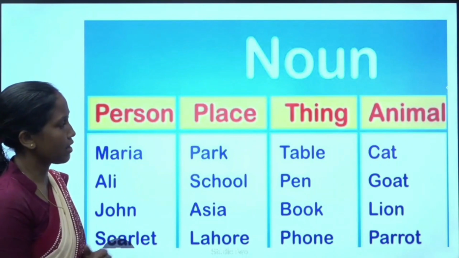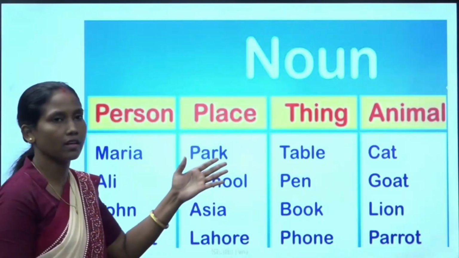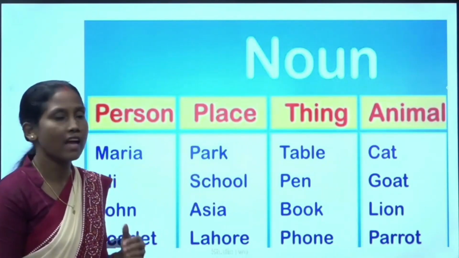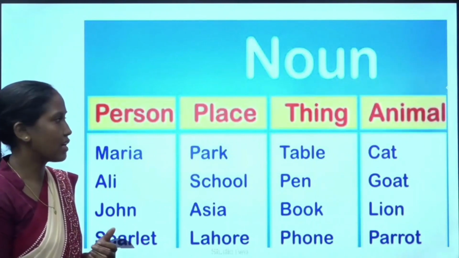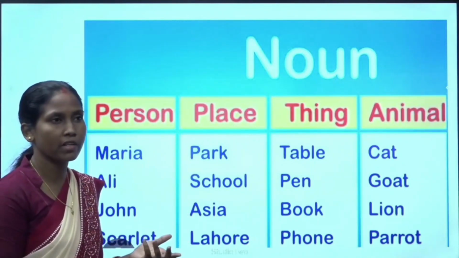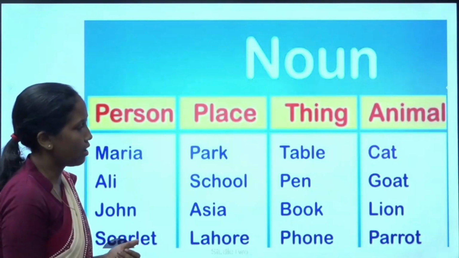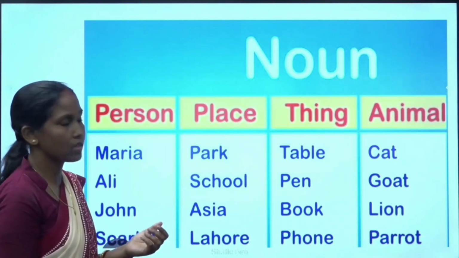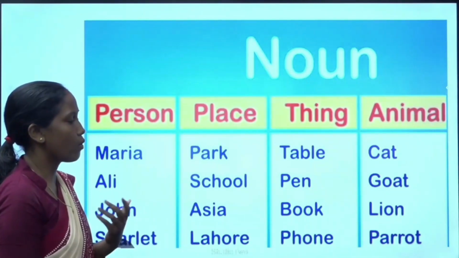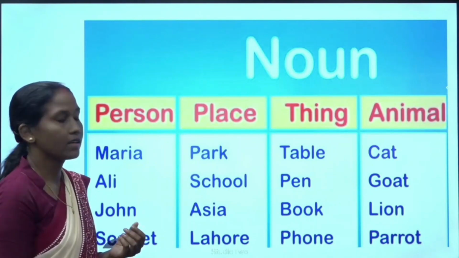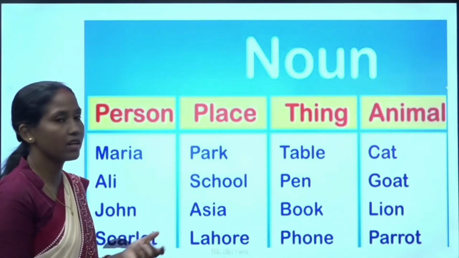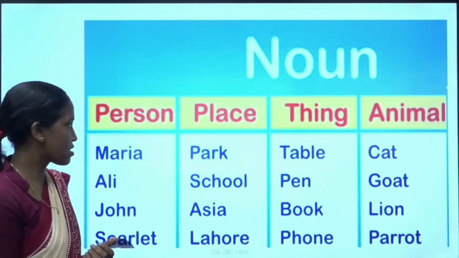Here you see students, I have given you the example of animals. It does not mean that only the names of wild animals or domestic animals, but we can also take the name of some birds, some creatures, right?